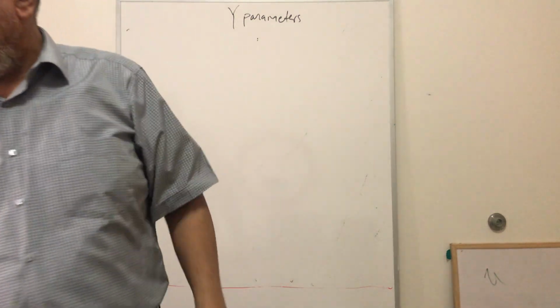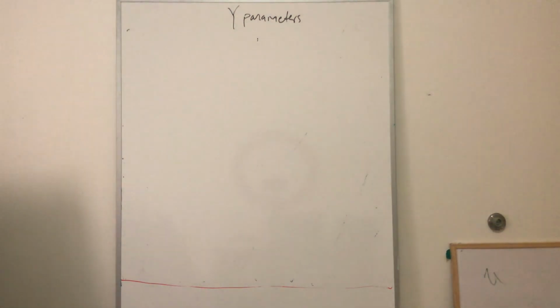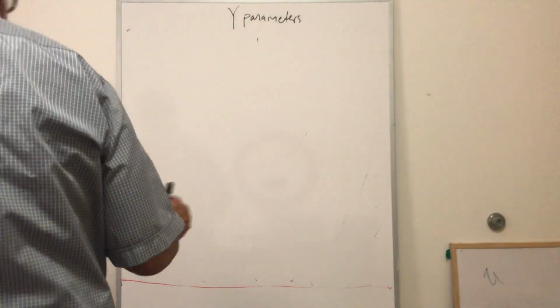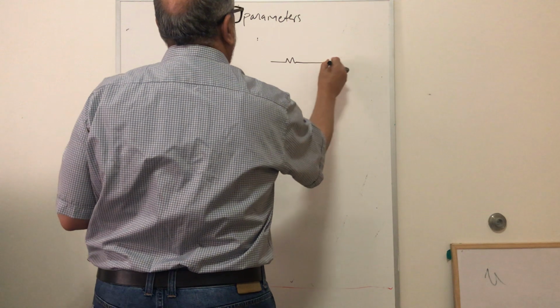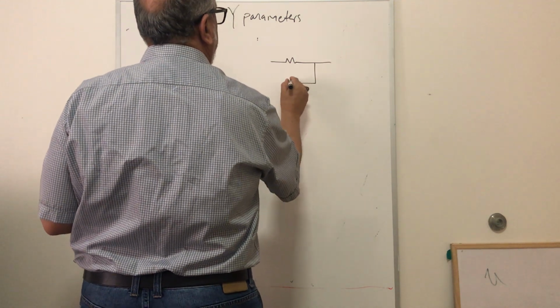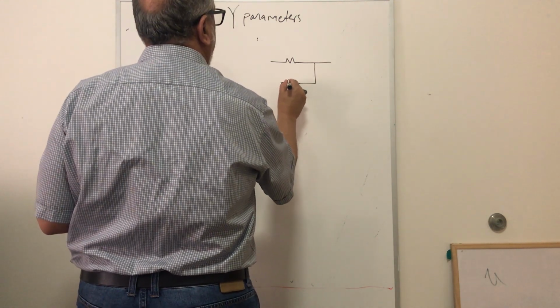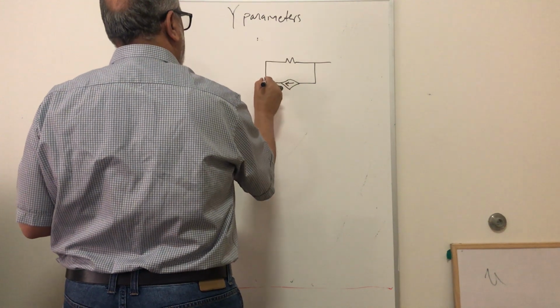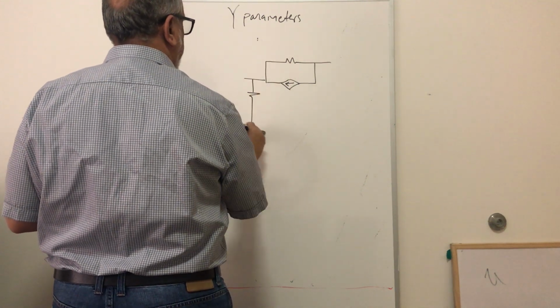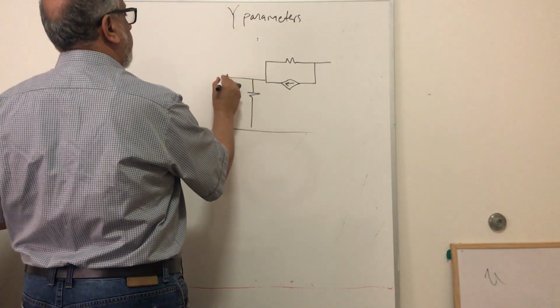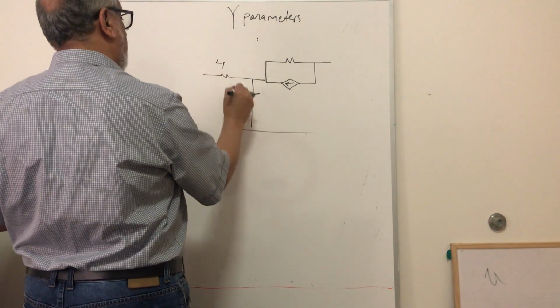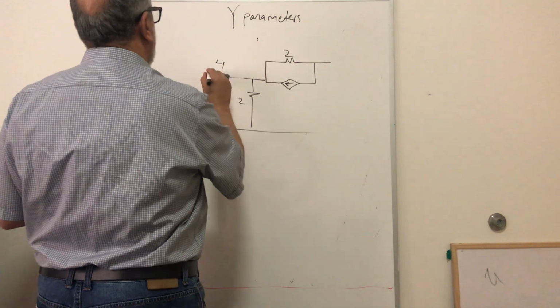So we can use the same concept here to find the y parameters. As a simple example I have here, assume we have the following circuit. This is a dependent source here, right? And then we have this resistor is 4 ohms, 2 ohms, 2 ohms.